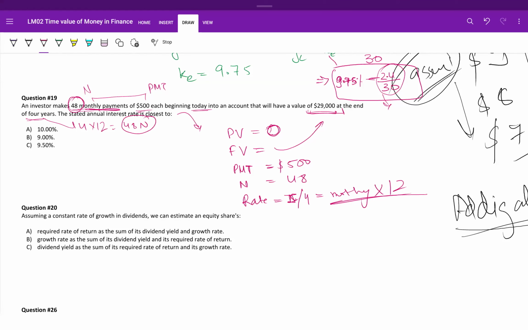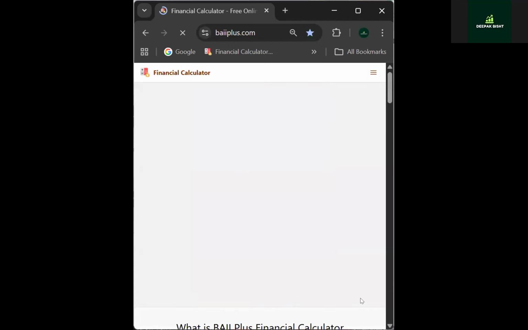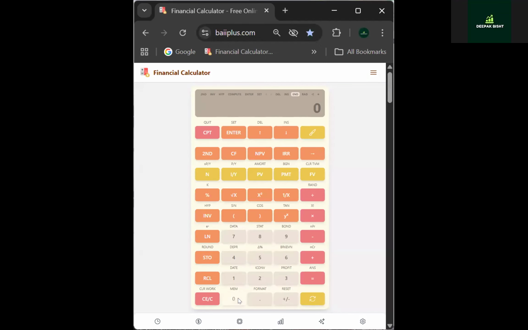So let me share my screen, my calculator, with you so that you do not get confused while doing these kinds of questions. Let me clear everything. Here, the present value is 0 because you are investing $500 every month, so you are starting with present value 0. The future value is 29,000.